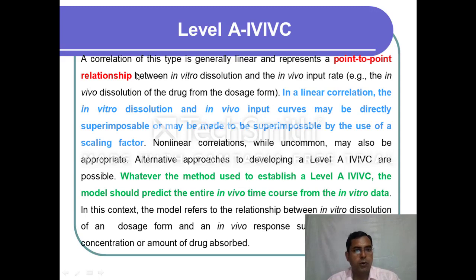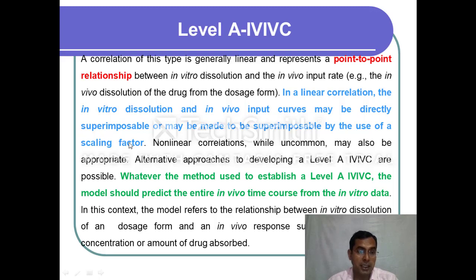A correlation of this type is generally linear and represents a point-to-point relationship between in vitro dissolution and the in vivo input rates. Simply, in a linear correlation, the in vitro dissolution and in vivo input curves may be directly superimposable or may be made superimposable by the use of a scaling factor.